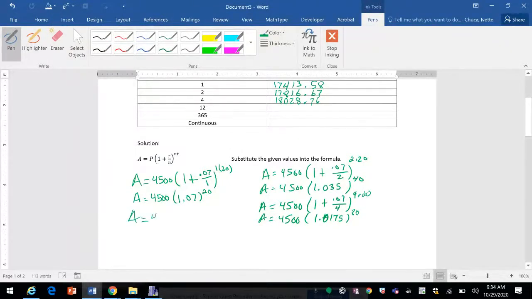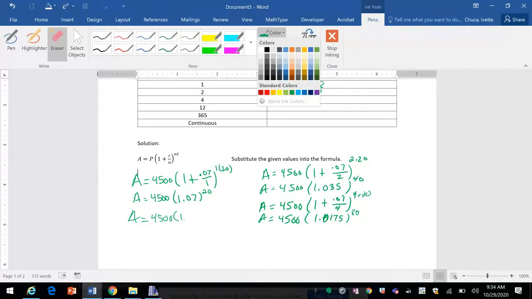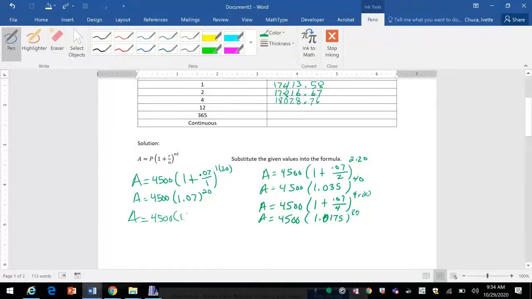So now we have 4,500 of 1 plus 0.07 divided by 12, and 12 times 20.